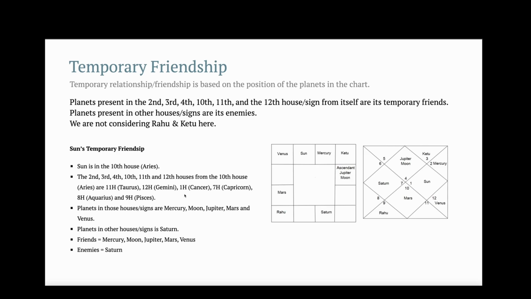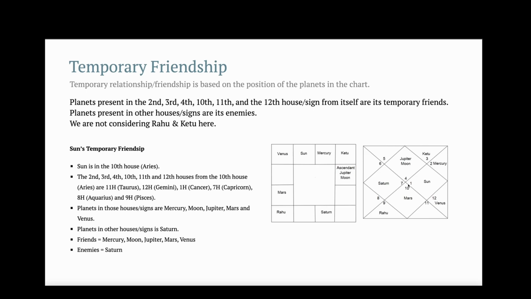So in this chart, Sun is in the 10th house, over here. This is the South Indian format, and this is the North Indian format of the chart. In the North Indian format, this house is always the first house. And from here, when you count 1, 2, 3, 4, 5, 6, 7, 8, 9, 10, this is the 10th house.